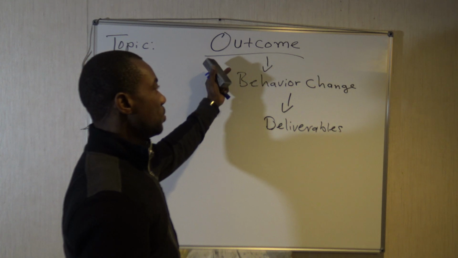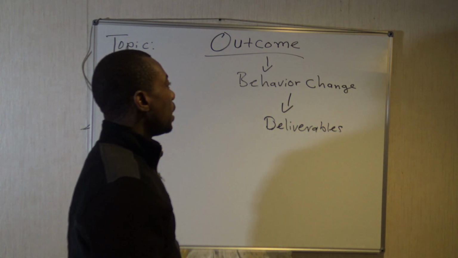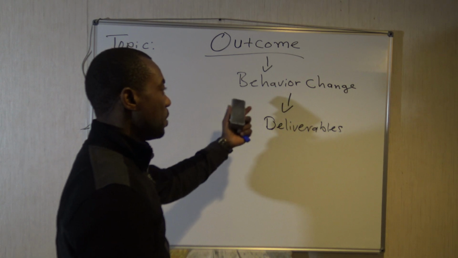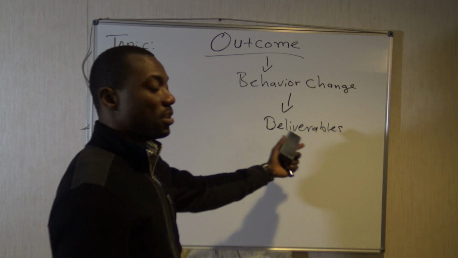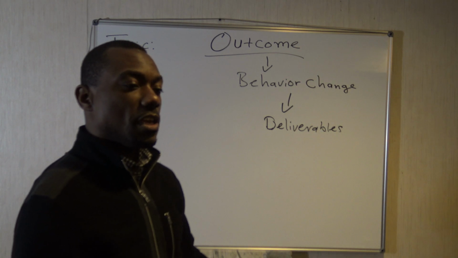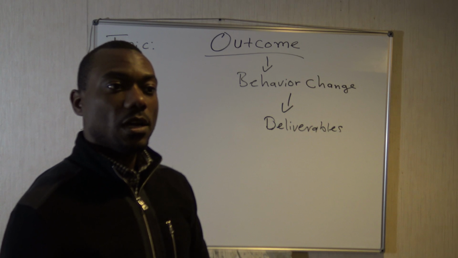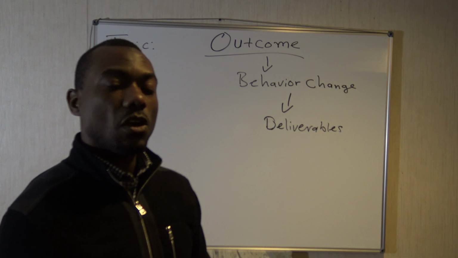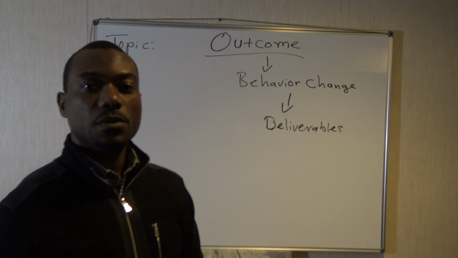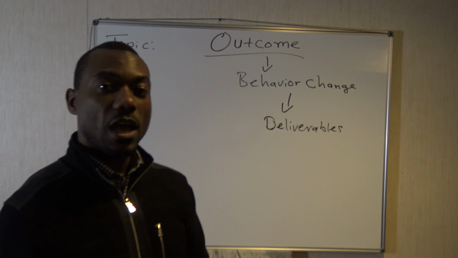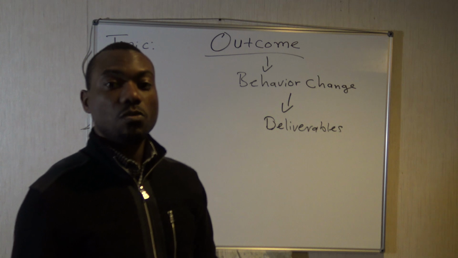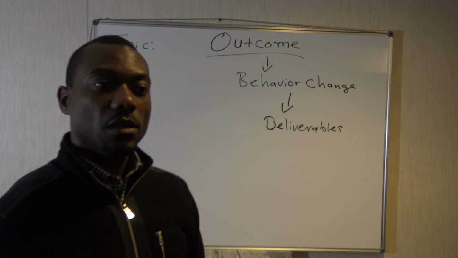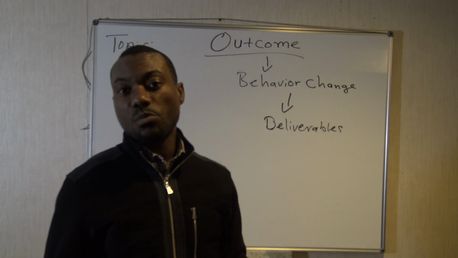But for now, we deal with outcome, and the purpose of every project design is to change behavior positively through the deliverables. So they give the community some sort of services or products, and they observe and see how the project impacts the community, how the people consuming their services are changing, because they want someone to improve their life.